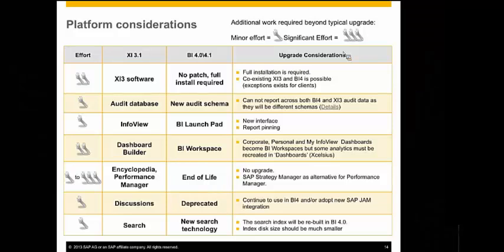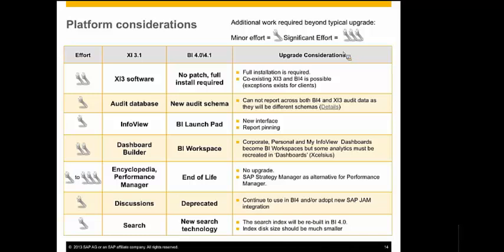Of course, you can then do coexisting. You can have the XI deployment and the BI 4.1 deployment on one and the same hardware, as long as your hardware is capable of dealing with two platforms at the same time. In BI 4.1 you have a new audit schema. You cannot just use the existing reports or the existing database for the BI 4.1 install.